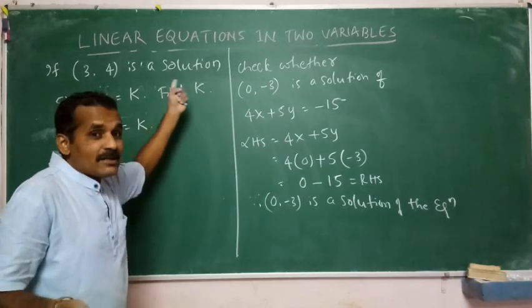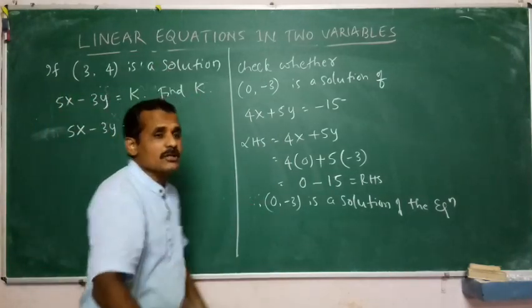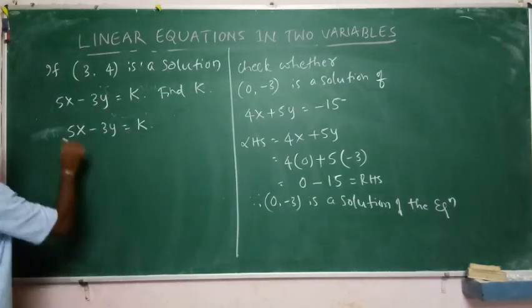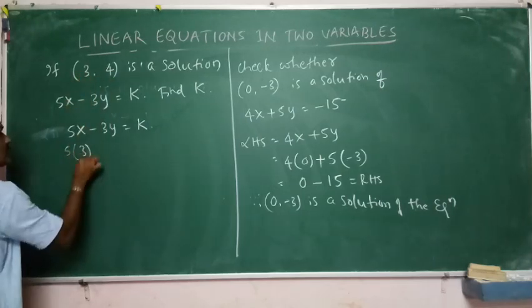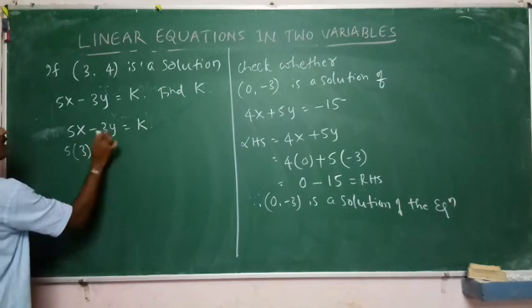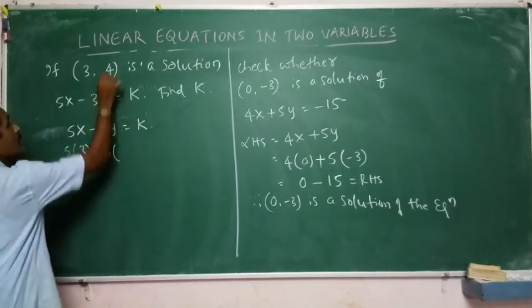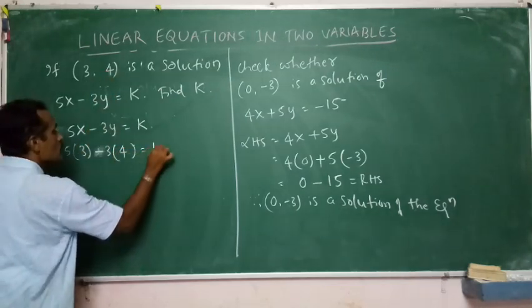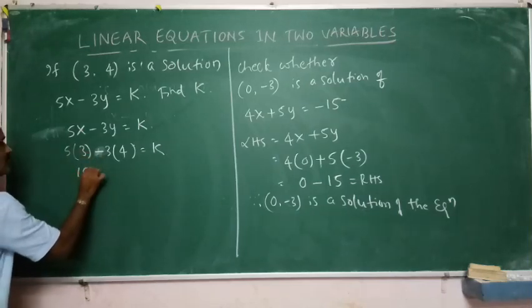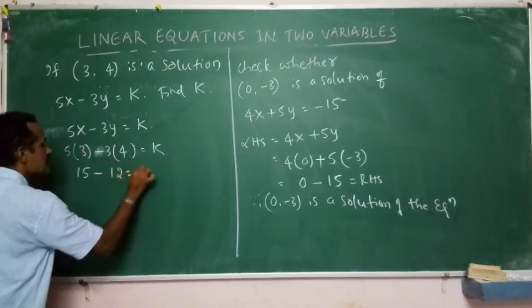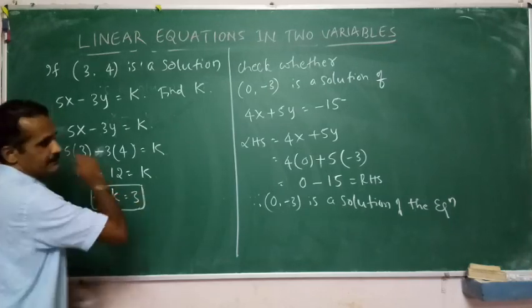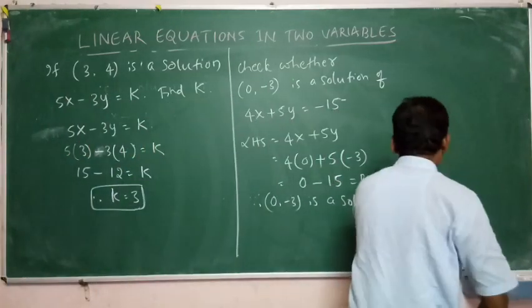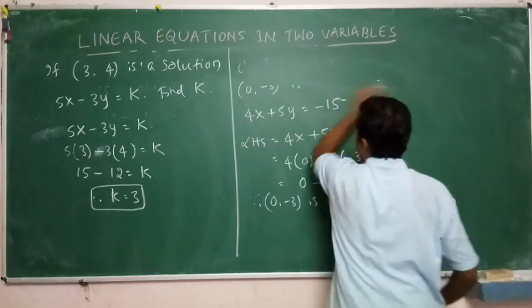Now it is not checking. It is confirmed that it is a solution. So the direct equation can be taken. Come on. X value, y value. 5 into 3 minus 3y. 3 into y value 4 is equal to k. It is 15 minus 12 is equal to k. Therefore, the value of k is equal to 3. Let me go for one more problem.